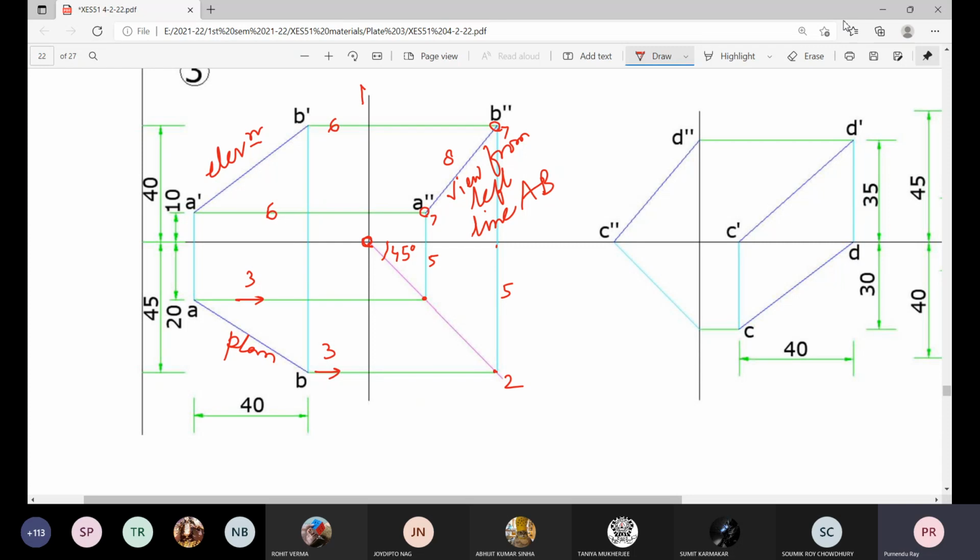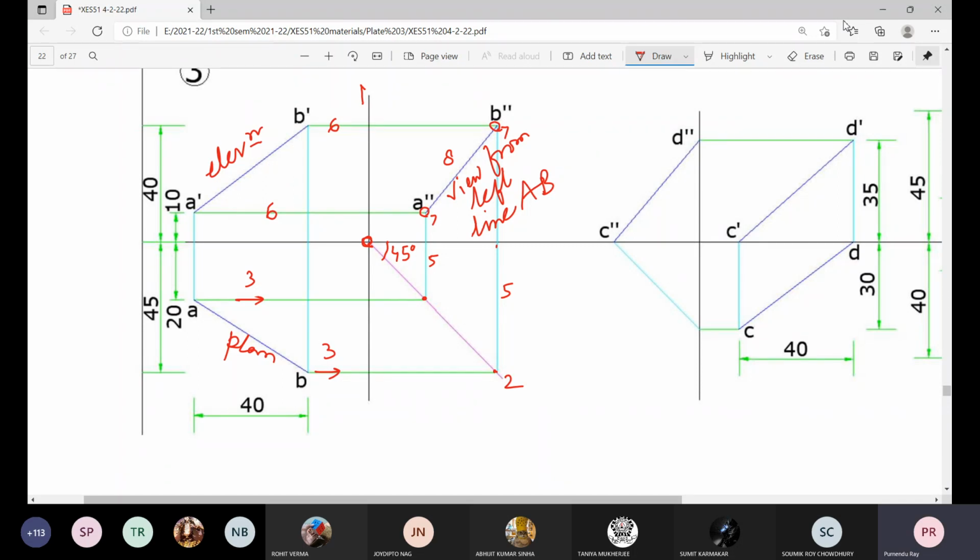And A and B lowercase with double dashes, these are indicating the view from side. And these notations are rigid. You cannot use A double dash, B double dash for plan, AB for elevation, and A dash B dash for side view. It's not like that. Okay.